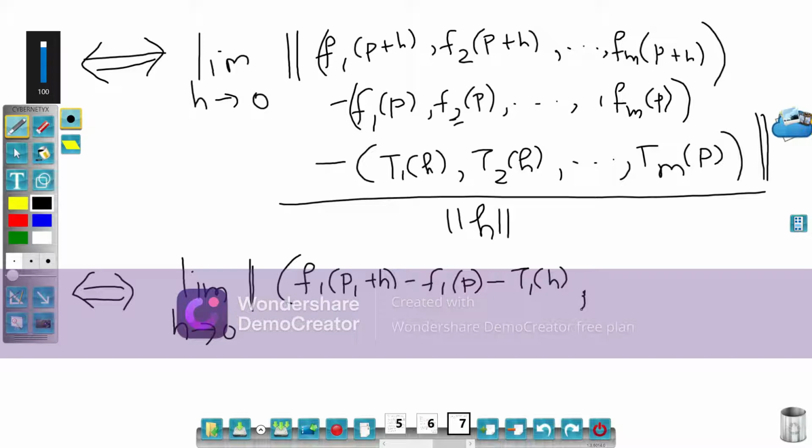One more thing I will do: I will multiply and divide by norm h to every term. So norm h, comma.